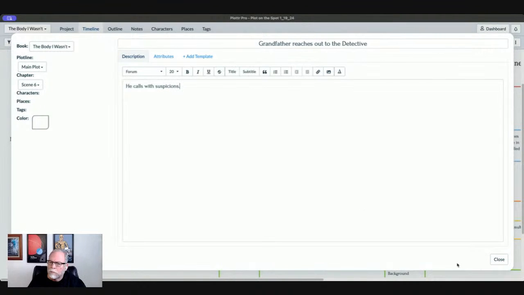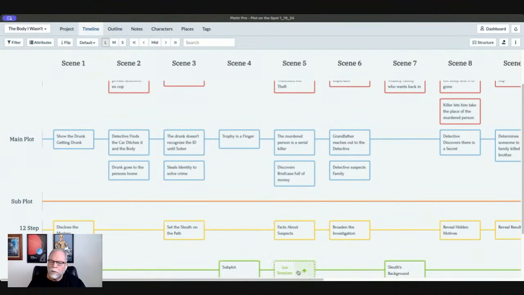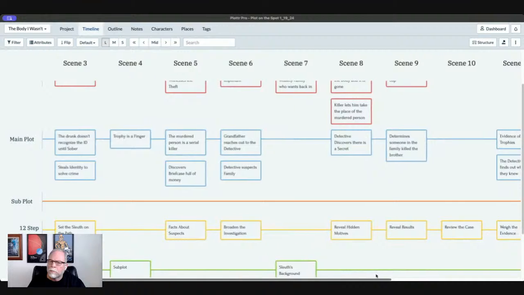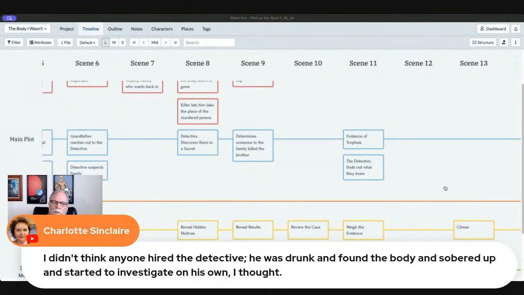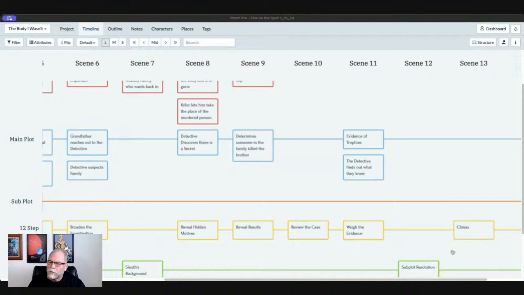Okay, let's do that. We'll add that in, then that makes the rest of our plot still make a little bit more sense. Okay, everybody good with that? All right. Now, and I like that, Charlotte, let's add that, let's move that further down. That is a great idea.